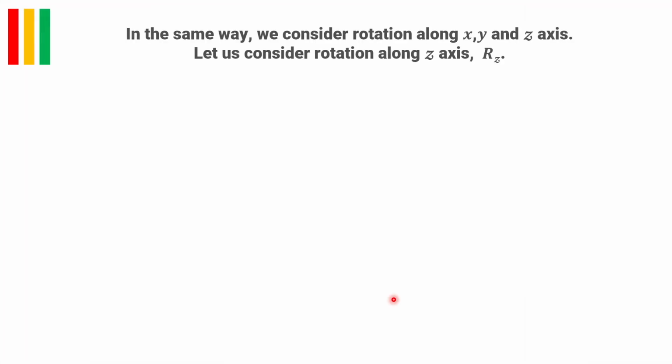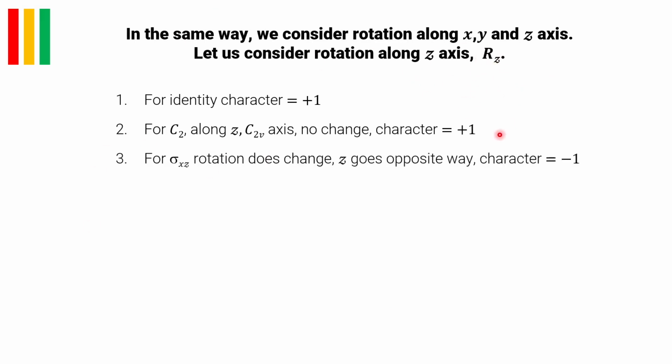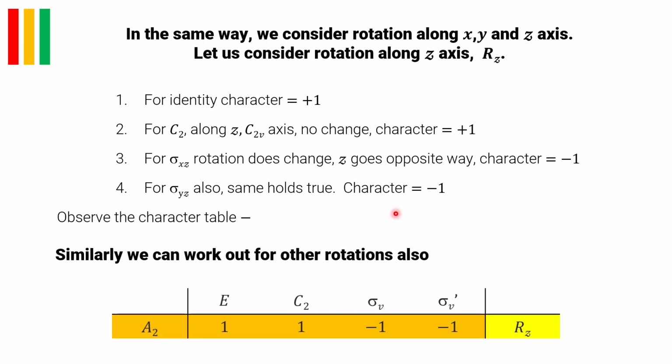If we talk about the rotations, let's start with Rz. For C2 along the z-axis, the character would be plus 1. For sigma xz it will be minus 1. Just notice, if you are rotating about the z-axis and reflecting through sigma xz, and similarly sigma yz, it will be minus 1, and therefore we can say that Rz transforms as A2.